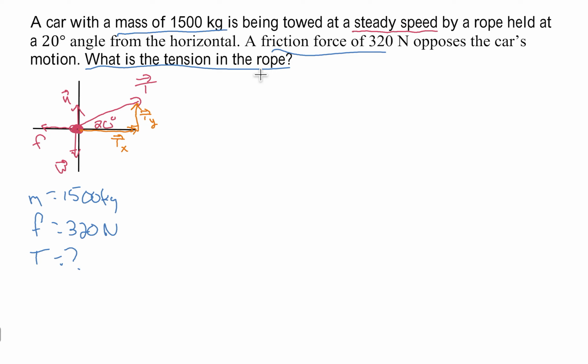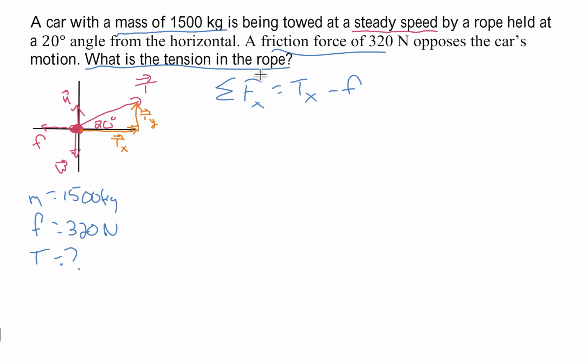So now I'm going to do a sum of the forces. The first thing I'm going to do is the sum of the forces in the x direction. I don't know why, I just like doing that. So x direction, what do I have? I have T sub x. That's a positive force because it's going in the positive direction. And then minus F because it's going in the negative direction.